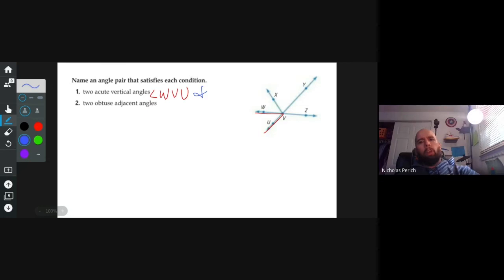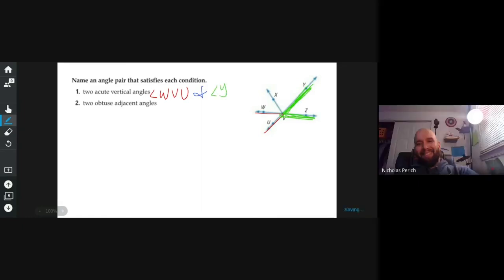I think you accidentally did the next one. Those are WVU. YVZ. YVZ. Good. This angle right here. You see that one right there? Yes. YVZ. Those are the two angles that are across from each other that look like they're exactly the same.